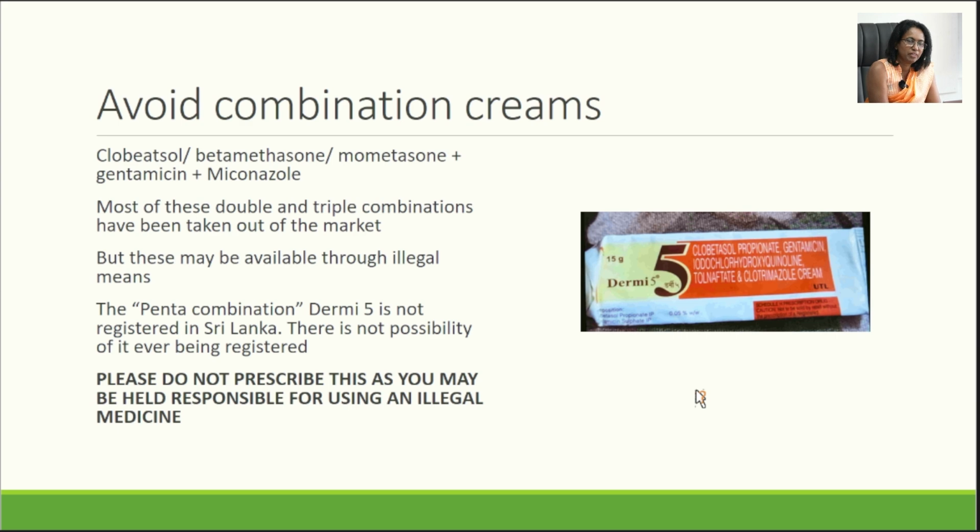If triple combinations cannot be registered, penta combinations definitely cannot be registered. So this is not a registered product. Therefore, even if we complain to the NMRA, they will raid, but they cannot stop. They will raid one place, but they cannot raid the entire country.